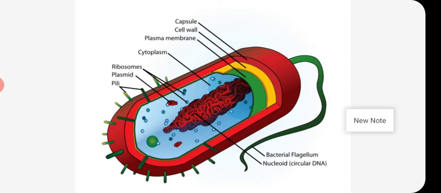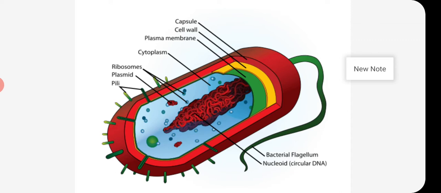The cell wall constitutes 10% of its dry weight in gram negative bacteria, whereas in gram positive bacteria the cell wall accounts for 90% of its dry weight. In gram positive bacteria, the cell wall material, muramic acid, accounts for almost all 90%.